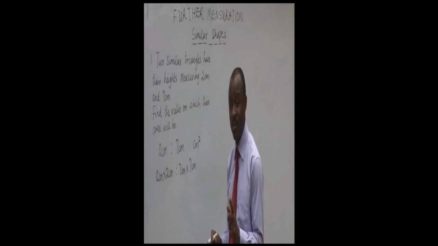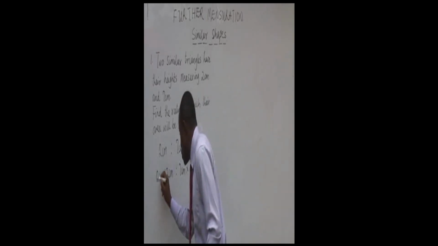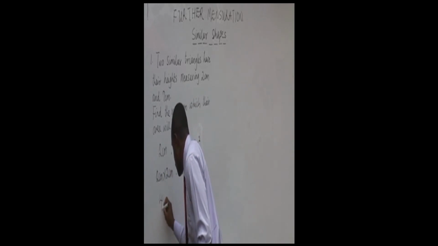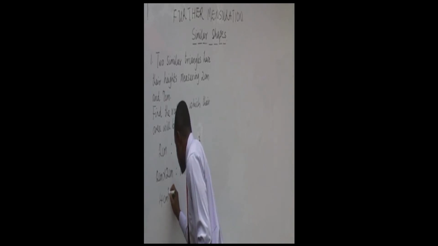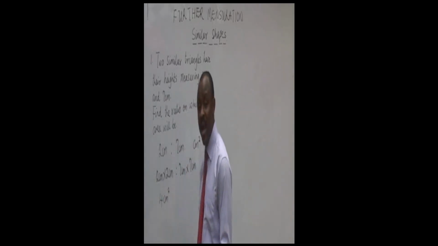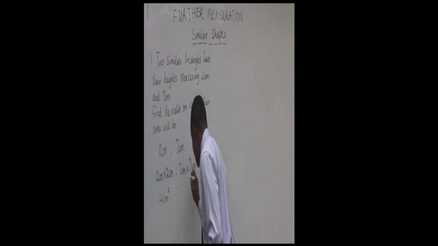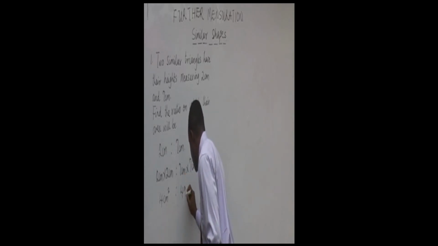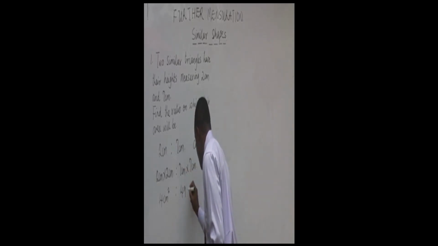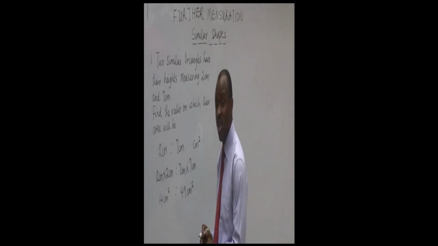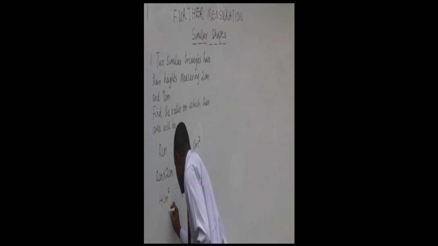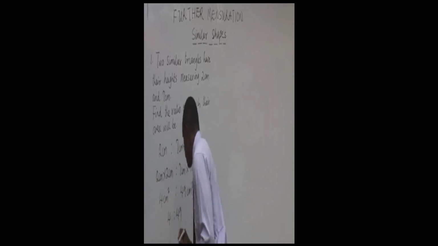There's no other thing you do. Now, 2 times 2 is 4. Centimeter times centimeter will give you centimeter squared. That means this has turned to area. Is to 7 times 7 is 49. The ratio you're asking for is 4 is to 49.